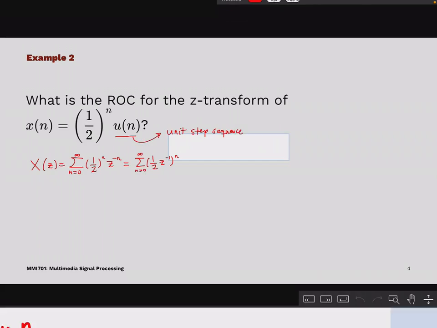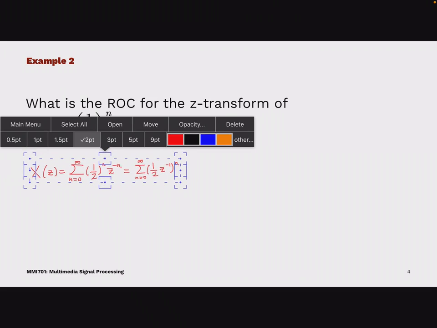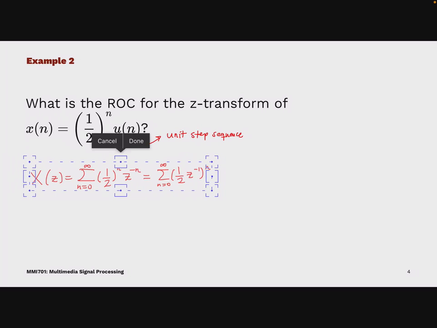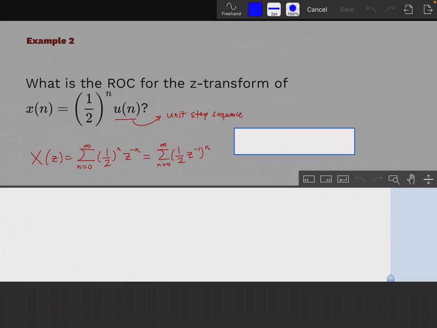Now here's a little note to remind you where a series of this type converges.